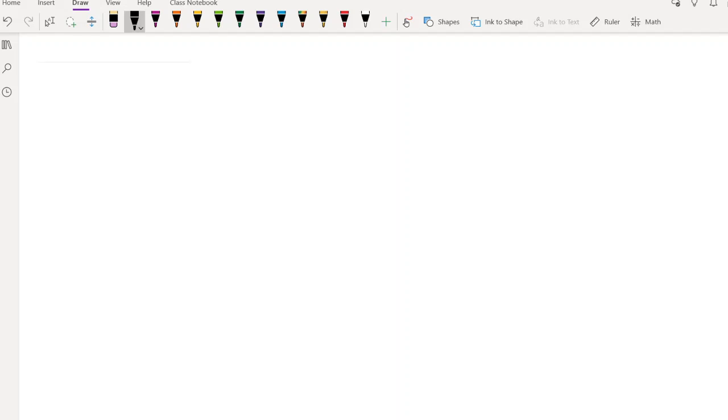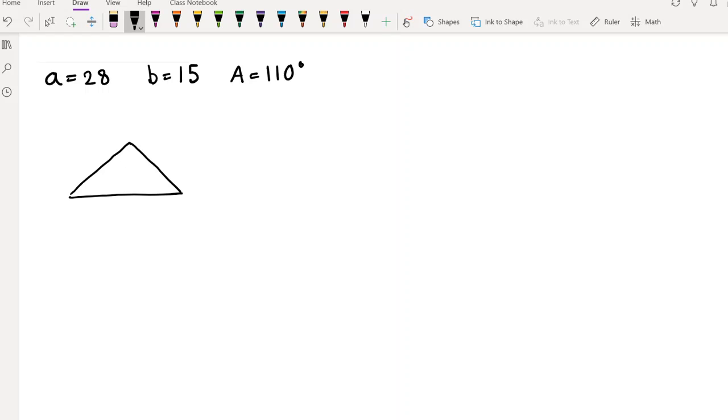So let's say that we're given that a is equal to 28, b is equal to 15, and angle A is equal to 110 degrees. So again, I'm just going to kind of sketch this. 110 is bigger than 90, so we know that this triangle is going to have at least one angle that's bigger than 90.